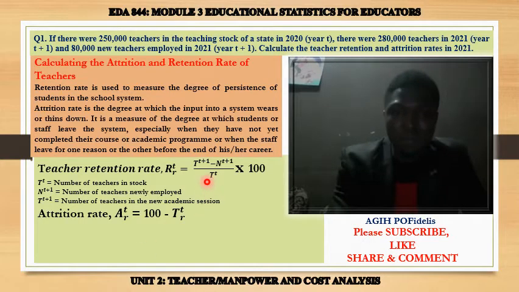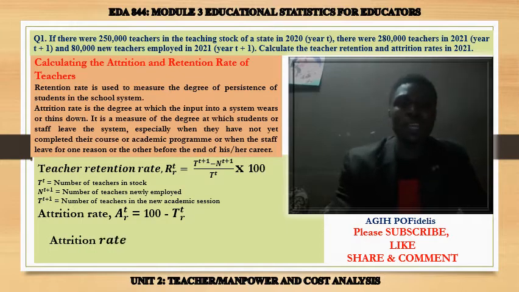The number of teachers in the new academic session minus the number of teachers newly employed, over the total number of teachers in stock, multiplied by 100. This will give us the retention rate.